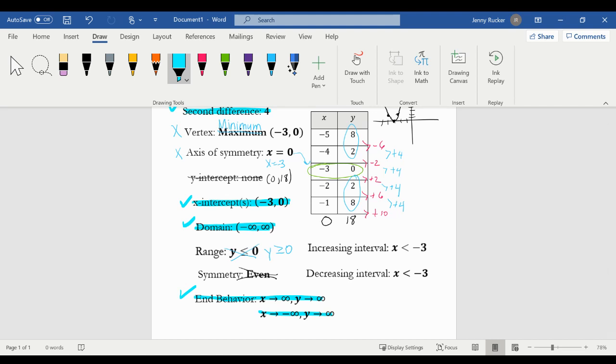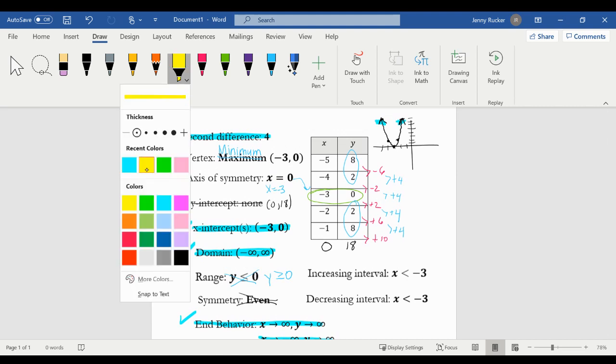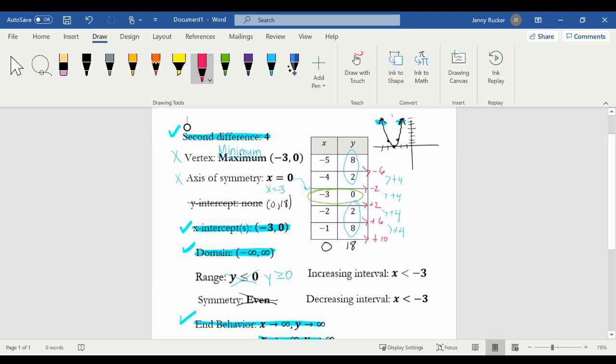Okay, let's take a look at our increasing and decreasing intervals based on our sketch. So our increasing interval is x is less than -3. So if I go to the left of -3, that is decreasing, not increasing. So the statement for the decreasing interval is true.